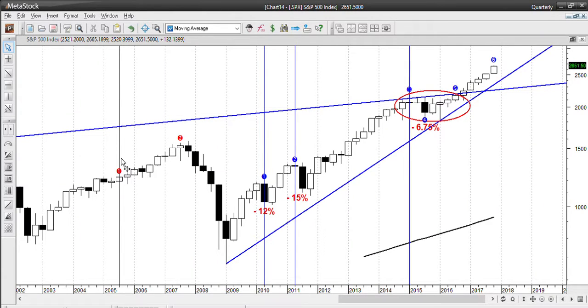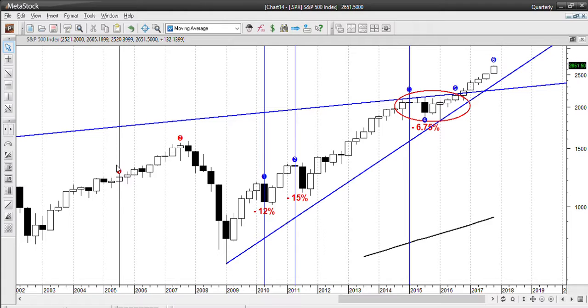Between 2005 and 2007 VIX went up and the market also went up. So it's not necessary that when the VIX goes up the market will always fall. Here also these falls were not real bear markets. Here it was just 6.75%. It's more of a consolidation.